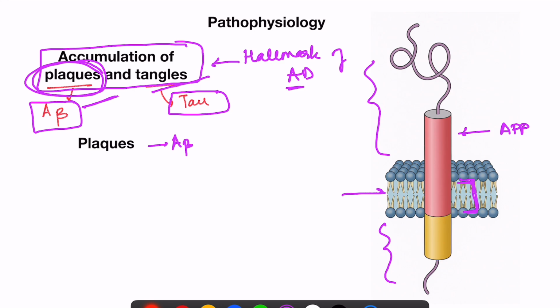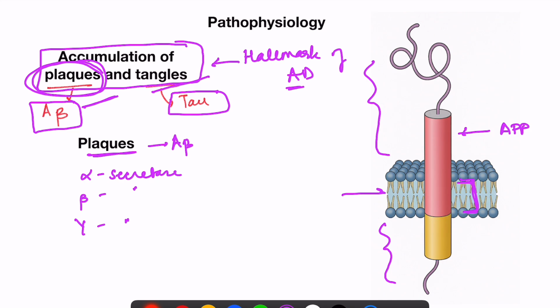Now, this protein is required for many functions in the nervous system. But like any other protein, it undergoes a turnover, so there is cleavage of these proteins. Plaques are generated by abnormal cleavage of amyloid precursor protein. There are different types of proteinases known as secretases: alpha secretase, beta secretase, and gamma secretase.